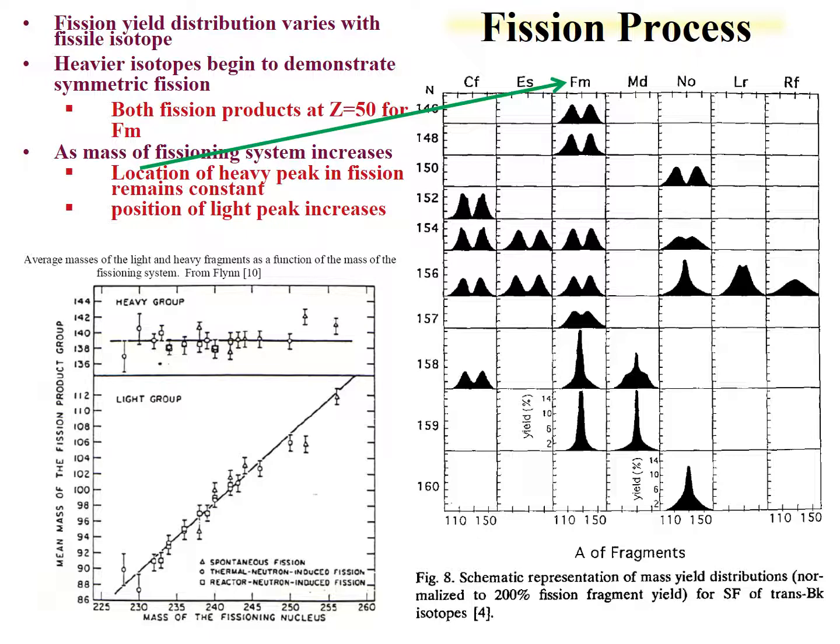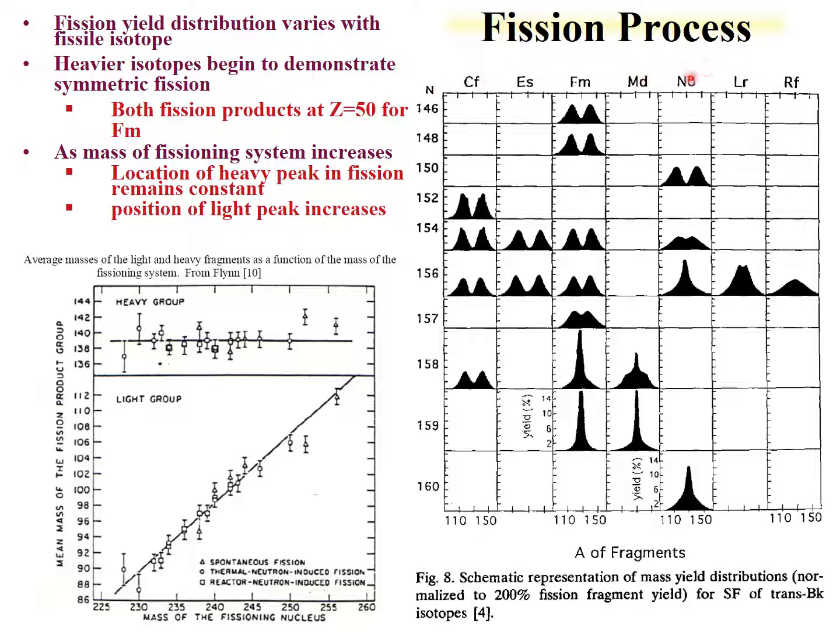So if we look at fermium, as the mass of this fissioning system increases, the location of the heavy fission peak will start to coalesce with the light fission peak, and we can see areas on this curve where we're plotting N, the number of neutrons, against the mass of the fission fragments for the different Z, which is plotted here.